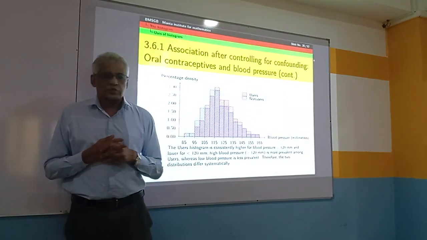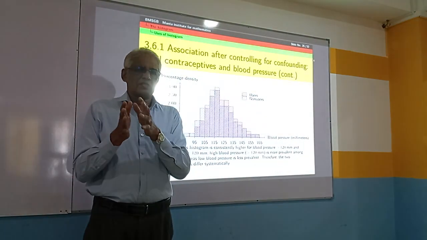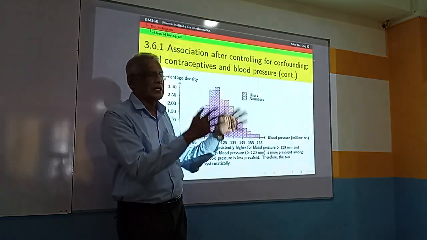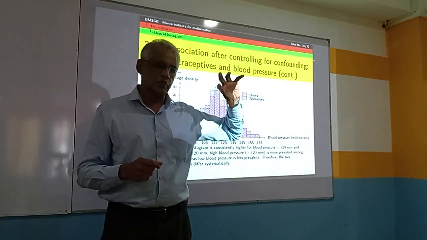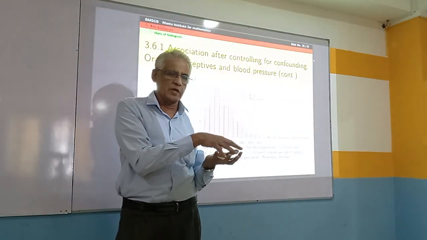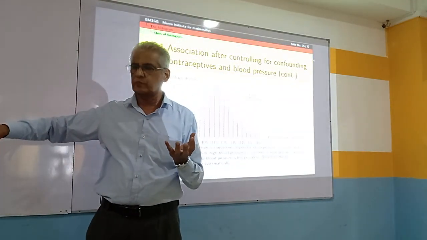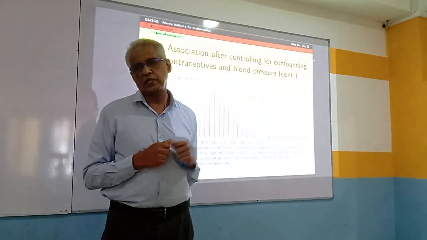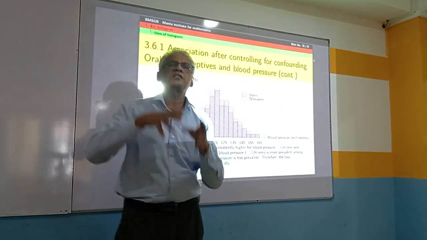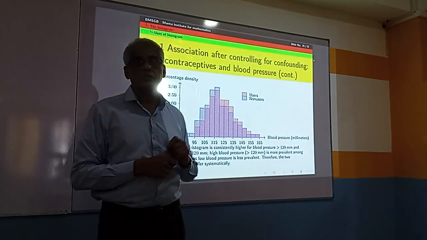So age and whether they are taking the pill or not is associated, because those who are taking the pill are more young people, and the other group has more older people. On the other hand, age is associated with blood pressure also.